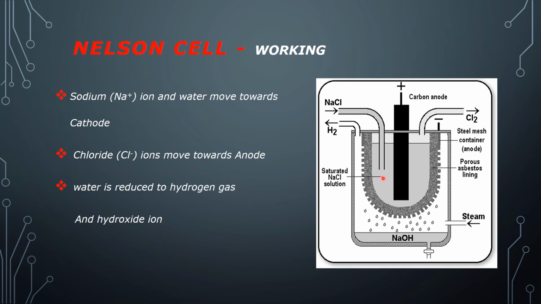Sodium ions, which carry positive charge, will move towards the porous cathode because the cathode here carries negative charge. The chloride ions, which are negatively charged, move towards carbon anode because the anode carries positive charge.